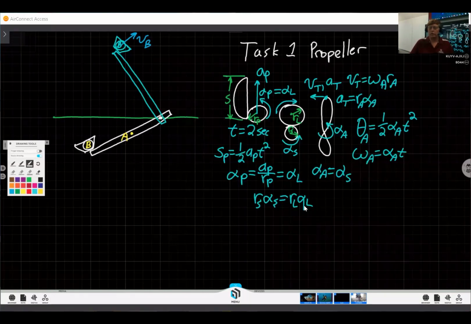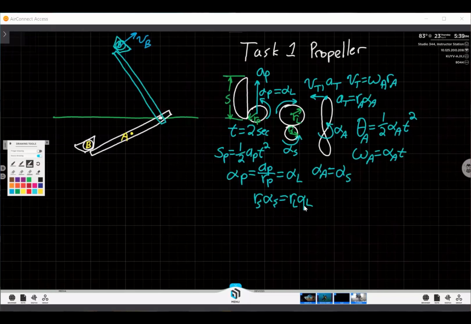So any questions on task 1? Yeah, for the angular velocity, do you want us to just have the general term for it, or when t equals 2? Okay, you should have your general terms, and really what's going to be mainly gear ratios.